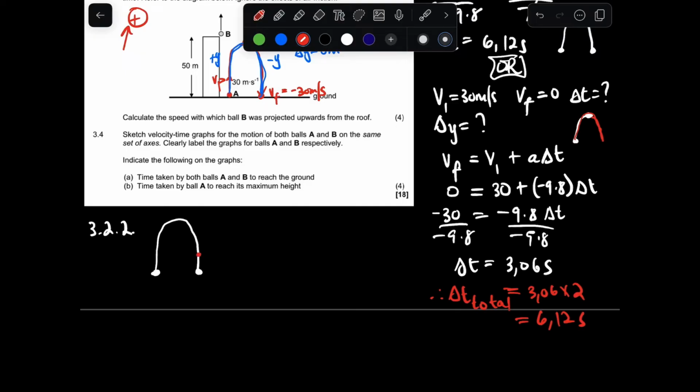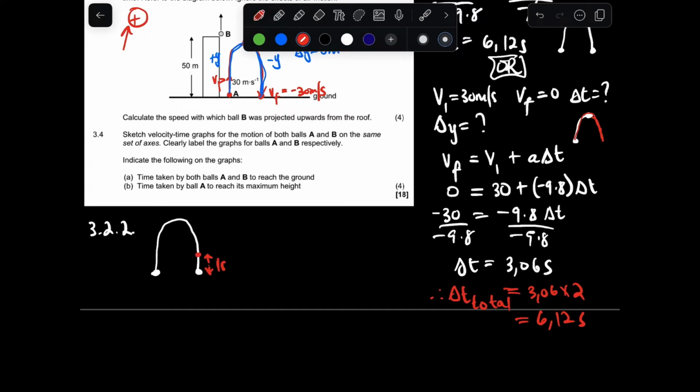Okay guys, now if you look at this, the last second, let's say the last second, it will be there. This is the last second. You see, the whole journey, it traveled for 6.12 seconds. So the last second there, we simply mean 1 second.